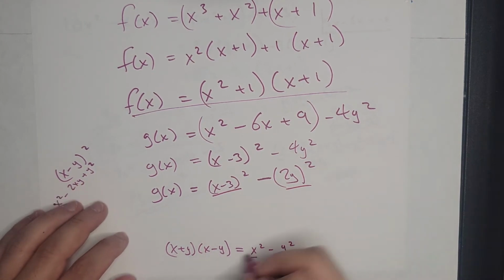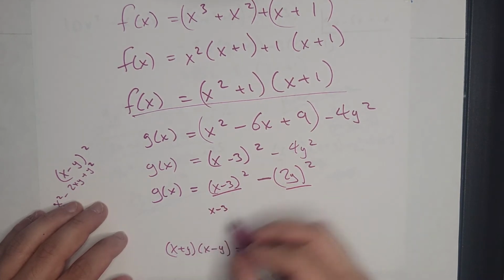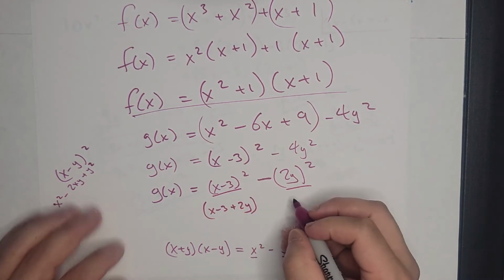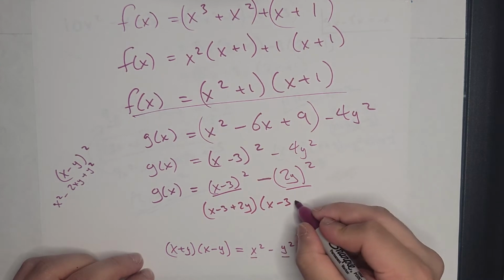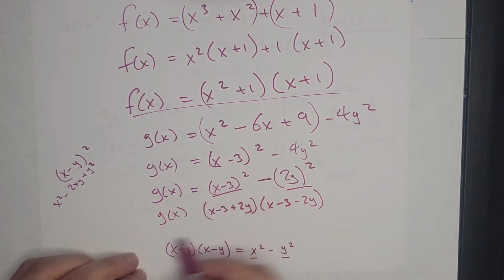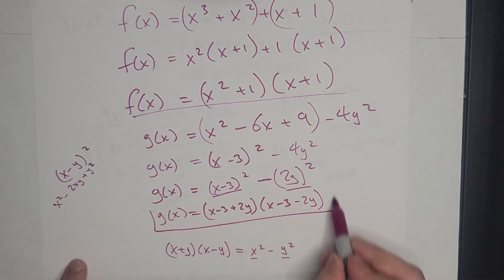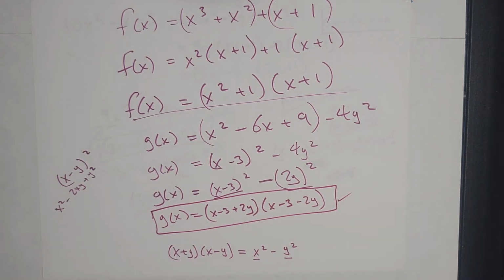So if I want to put it into this, I can write x minus 3 plus y, and then the same, x minus 3 minus 2y. And that is how we do difference of squares.